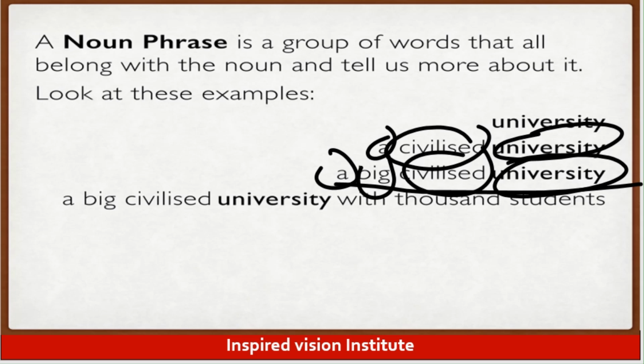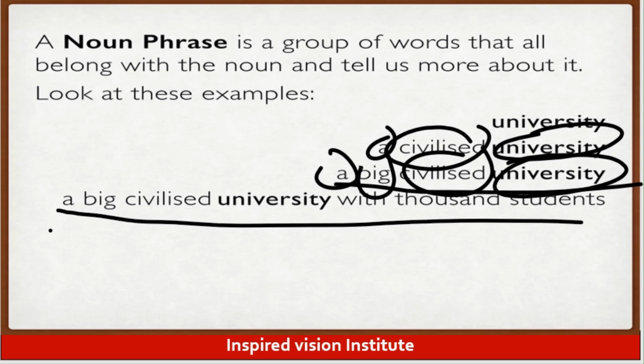If you make it longer, a big civilized university with 1,000 students. So here again, a group of words that is part of a sentence. It's not a complete sentence, but still it's a phrase.